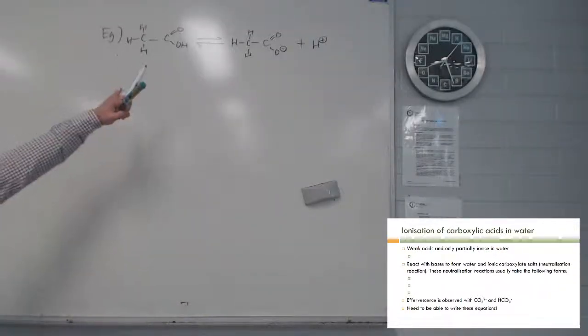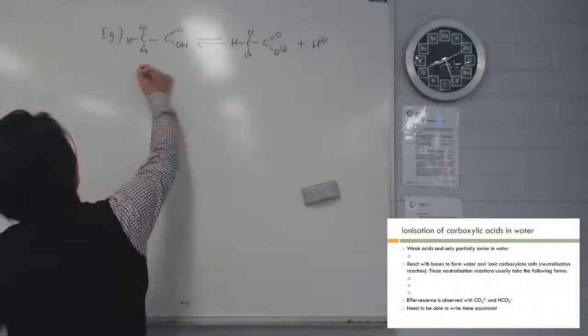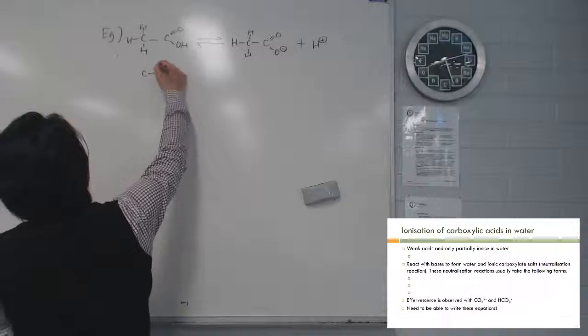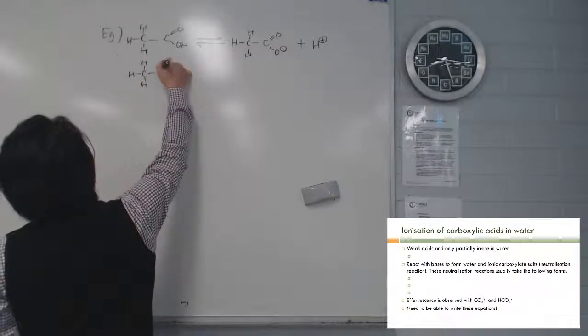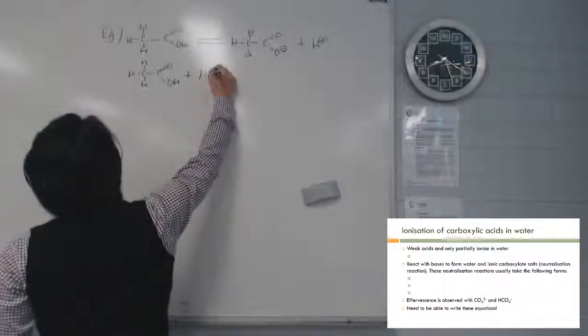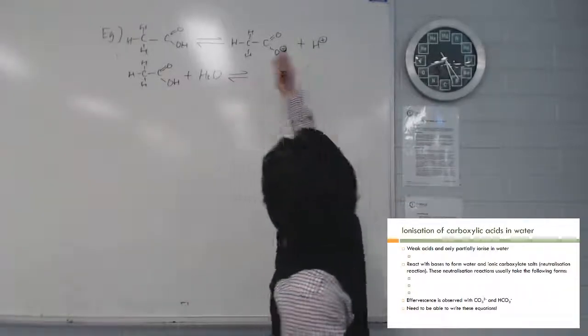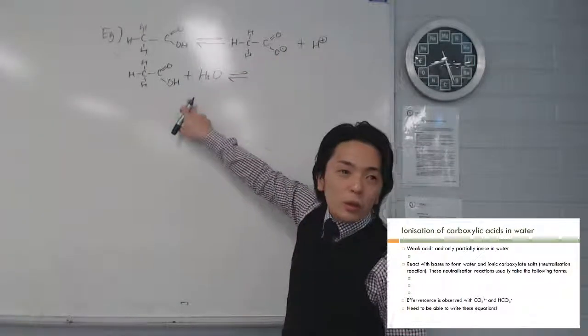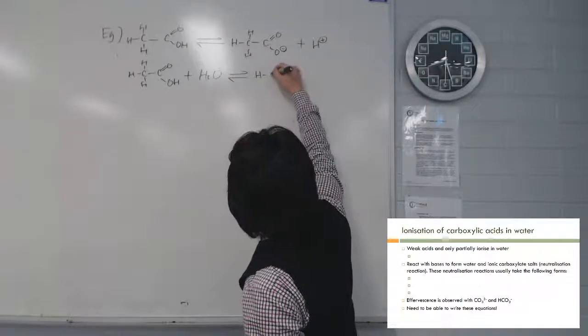Or if you are letting this react with water, you might be drawing it as this, because in solution, this is really what's happening. So this hydrogen could be donated to water. It really means the same though.